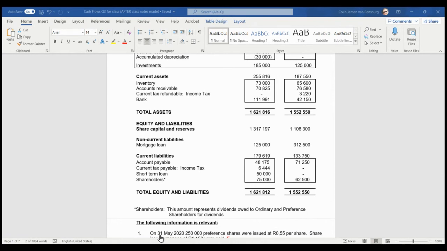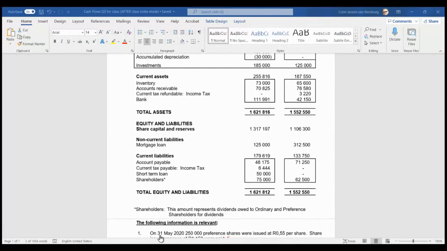But similarly, on that same account, we are going to record the movement of cash. When we pay the shareholders their dividends, we're also going to record it there. In other words, we're going to credit bank and debit shareholders. When we declare the dividend, we're going to debit dividends declared, whichever of those two classes, and credit shareholders.